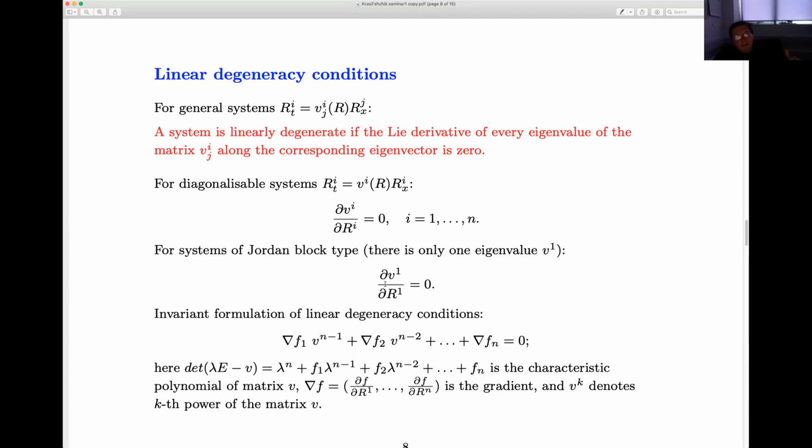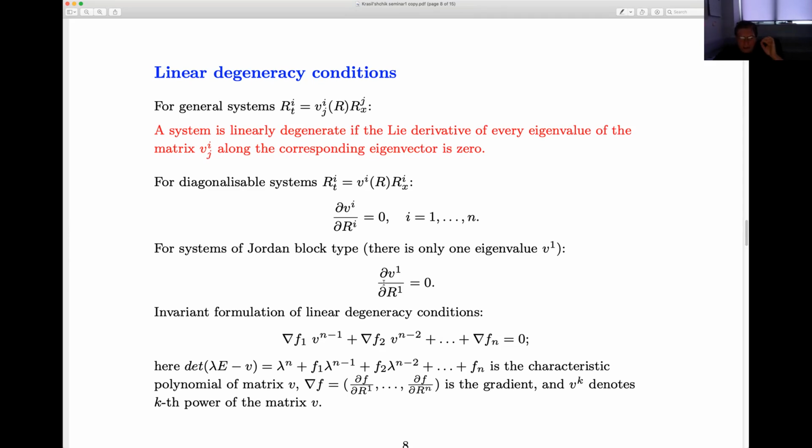If we have a system consisting of several Toeplitz blocks, then every Toeplitz block must be linearly degenerate. So its eigenvalue must be 0 along the corresponding derivative and the corresponding eigenvector, which is single for every Jordan block, right? Okay, so in other words, one condition for every Jordan block.